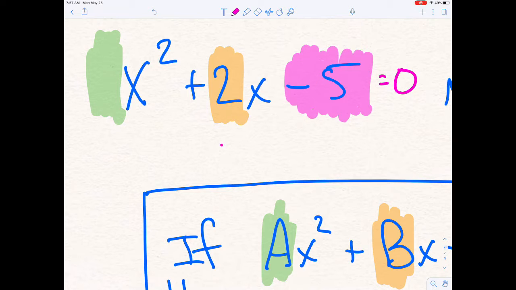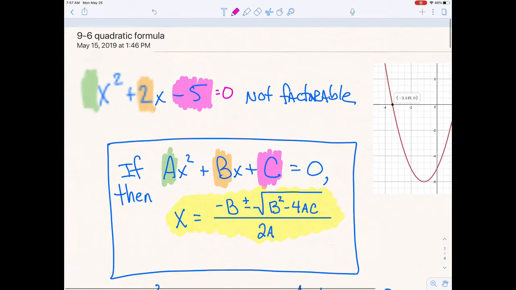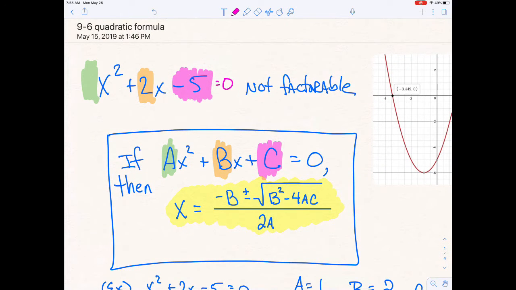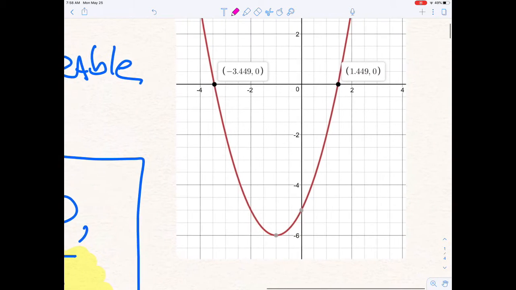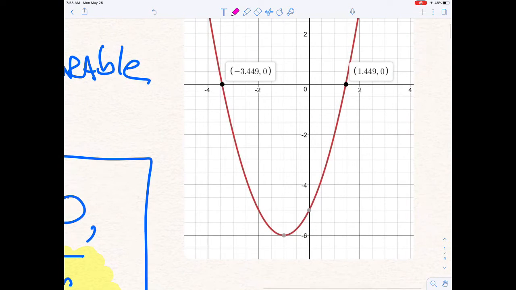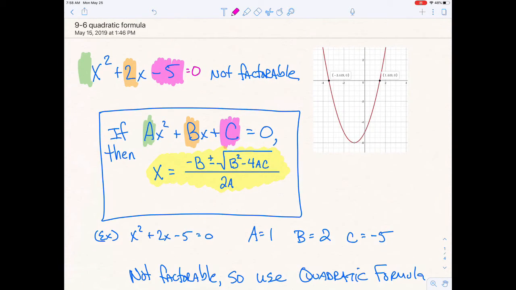First, because of the 2 and the negative 5, what I'm sure of is that this thing is simply not factorable. And if it's not factorable, I have a couple options. I could complete the square, which we just worked on. I could graph it, either by hand or using something like a graphing calculator or Desmos, or we can use this thing called the quadratic formula.